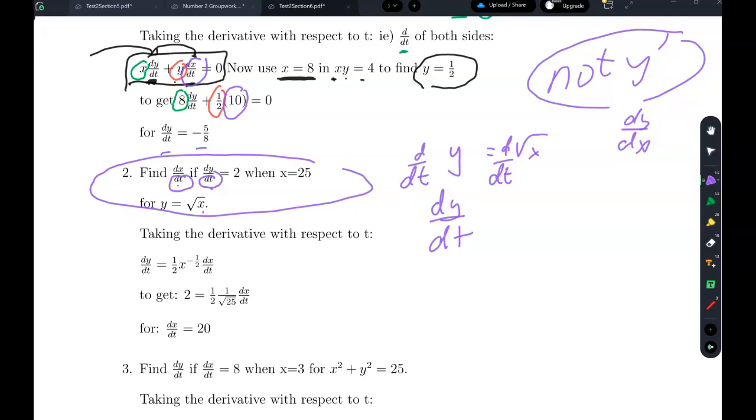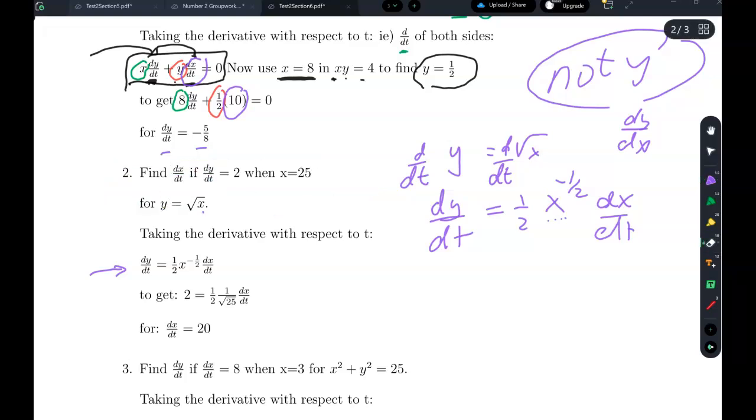Okay, so on the right-hand side here, I'm going to bring down the 1/2, x to the negative 1/2, and then times the derivative of the inside, which is dx over dt. And that's what this is. So then all I did was, let me erase here so you can see what I did. I plugged in the x is 25.